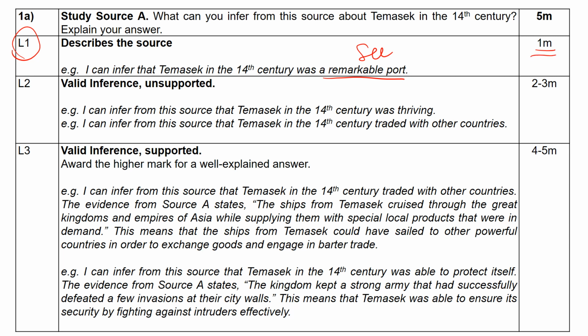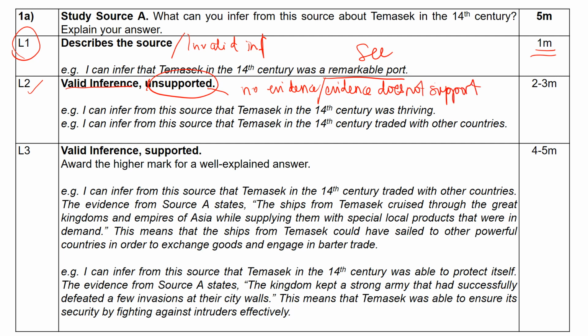The other alternative is you gave me what we call an invalid inference. But I think for most of you, your reason for L1 is because you're writing down what you see. L2 is when you're given a valid inference, but it is unsupported. So what that means is no evidence, or evidence does not support.